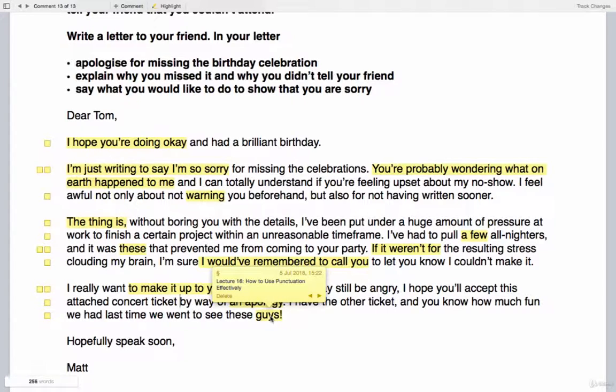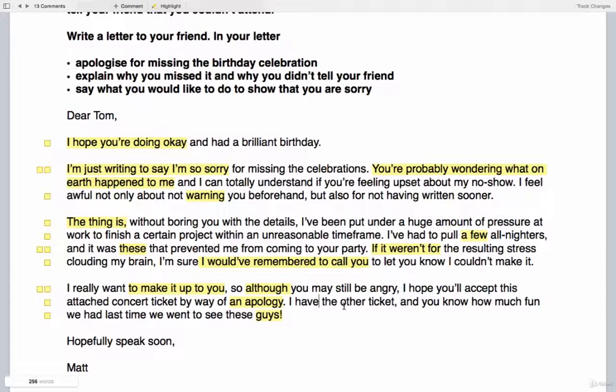What's going on at the end here? Lecture 16, how to use punctuation effectively. At the end here you can see that I've used an exclamation mark. An exclamation mark is probably only going to be appropriate in an informal letter, but it is something that you can use to show your understanding of various punctuation.